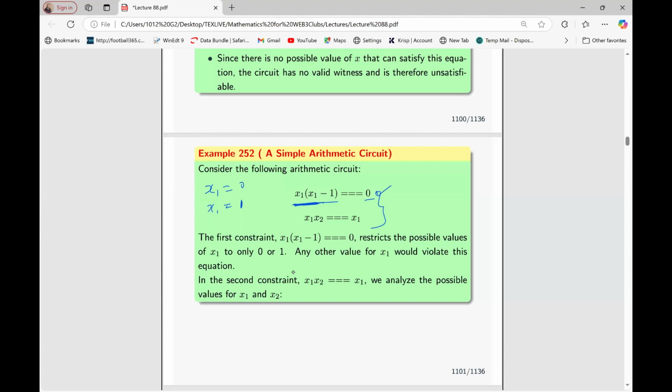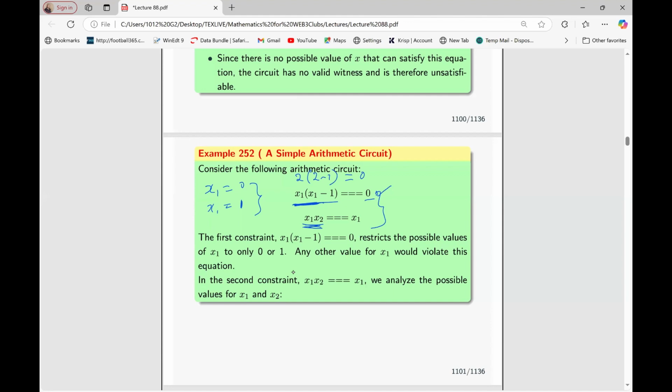If x1 was 2, then 2 minus 1, there's no way it can equal 0. So the only values of x1 he is likely to give are those. But now, which one specifically? Because now he has to come again here and find out what x2 would be.